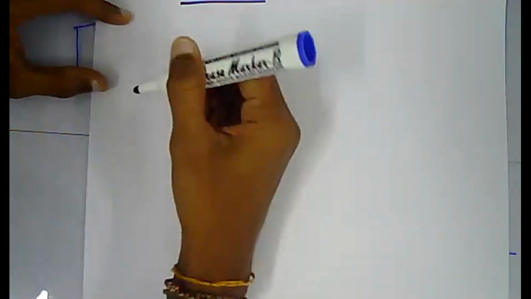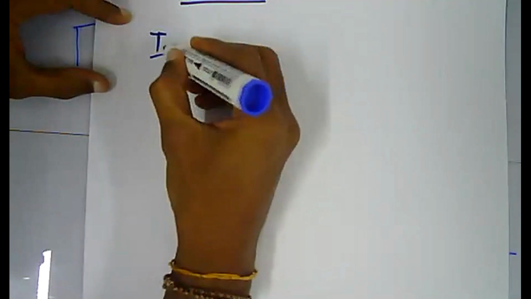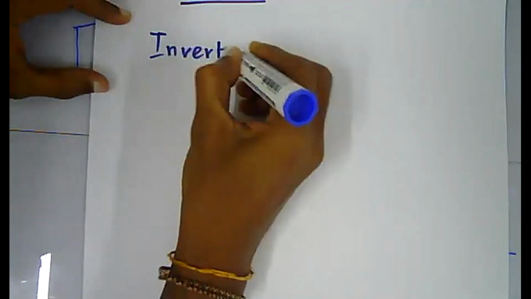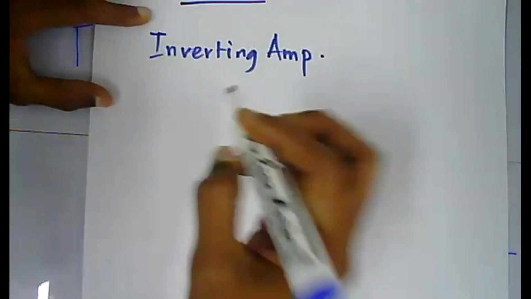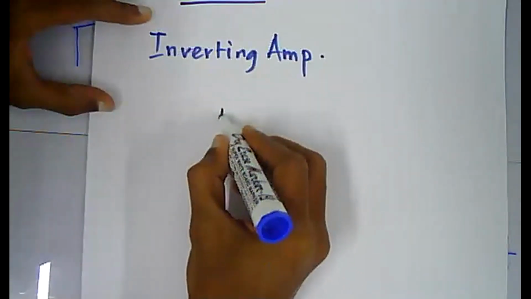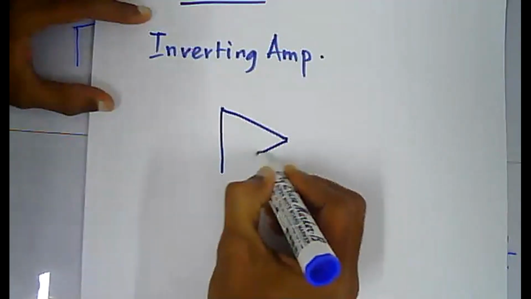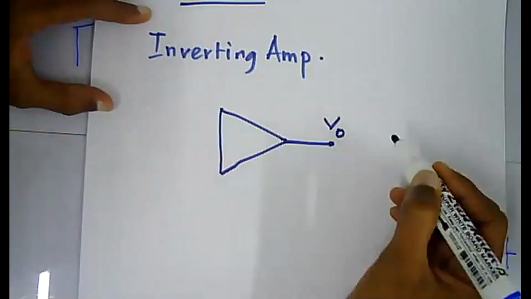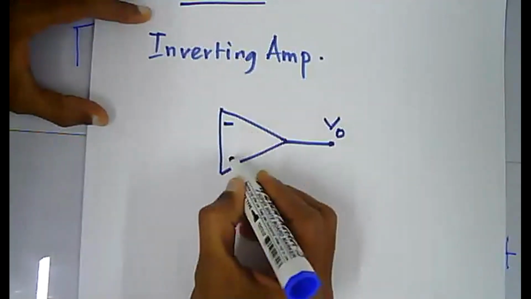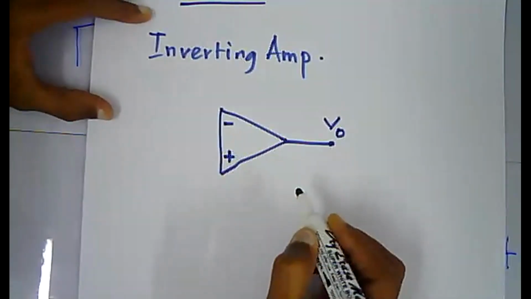So the first one is an inverting amplifier. In the inverting amplifier circuit, of course, you have your operational amplifier, this is your VO, and the inverting and non-inverting terminals.